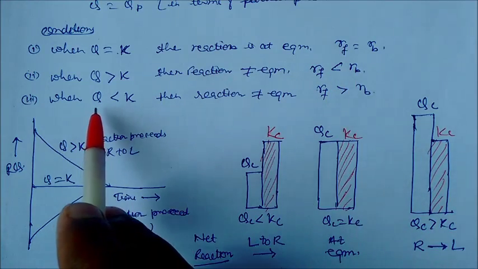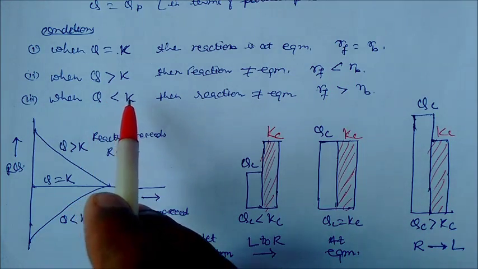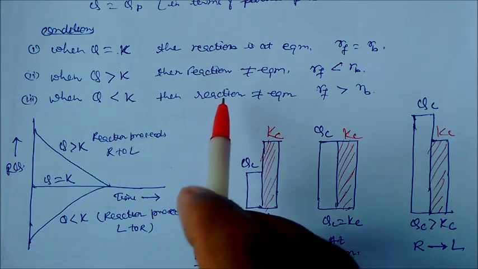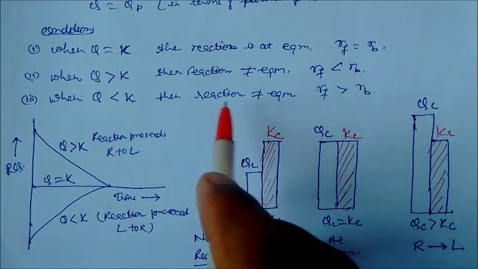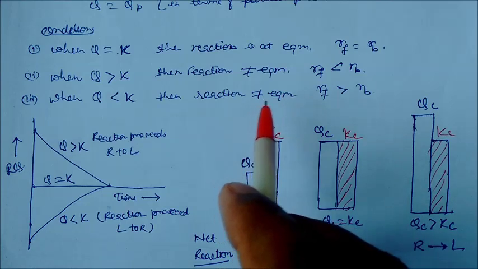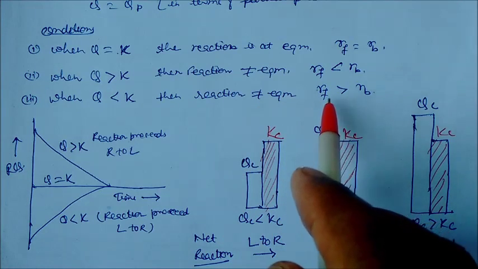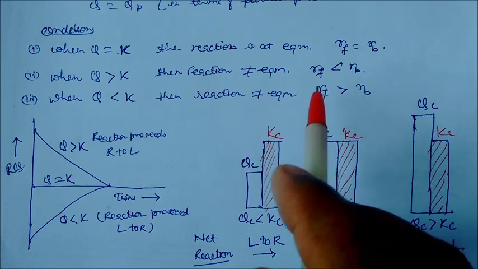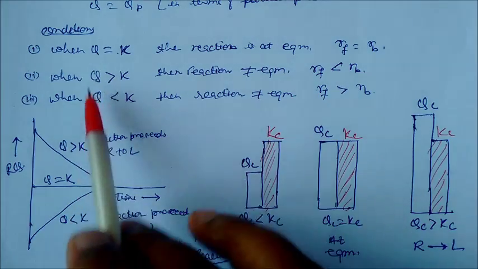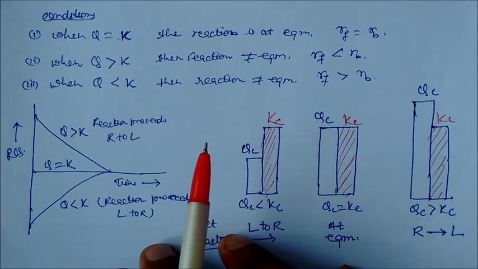And if Q is lesser than K, meaning the value of the equilibrium constant is greater, then the reaction is again not at equilibrium, and the rate of forward reaction will be greater than the rate of backward reaction. So Q predicts the direction of the reaction.